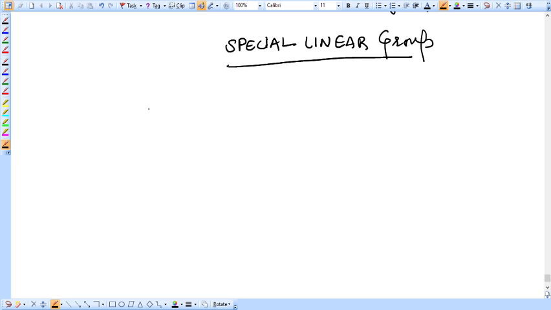This group is represented by SLNR. Again N is the order of the matrices and R is the entries. R means entries of the matrices are from real numbers, right?